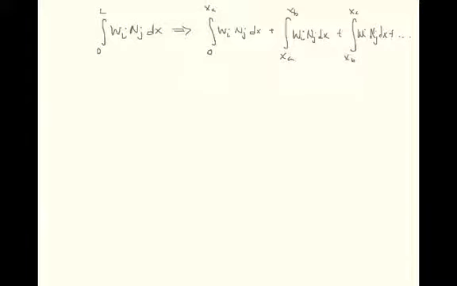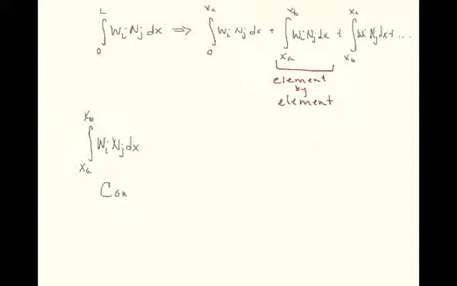So we're going to do this element by element. How do we evaluate this integral? Consider two cases: one, i equals j, and two, i not equal to j.